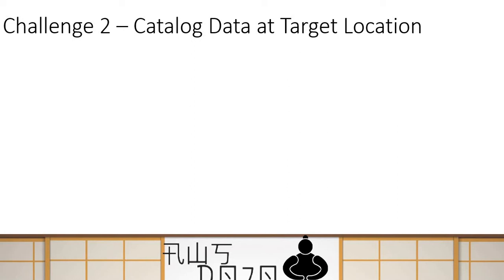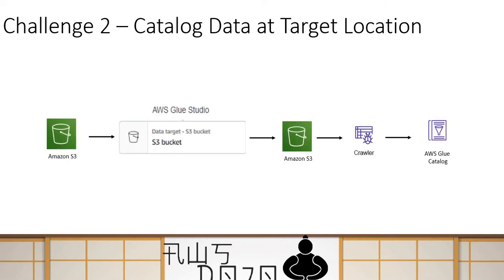Now, normally the flow was that you, for instance, read data from the S3 bucket. I'm just giving an example with an S3 bucket as a source, but the source could be from somewhere else. So you read data from the S3 bucket, and then you did some transformation, and after that you're using this data target node to write to an S3 bucket.